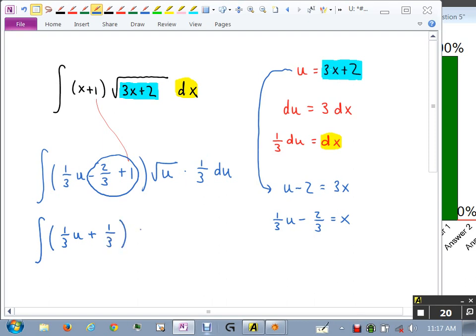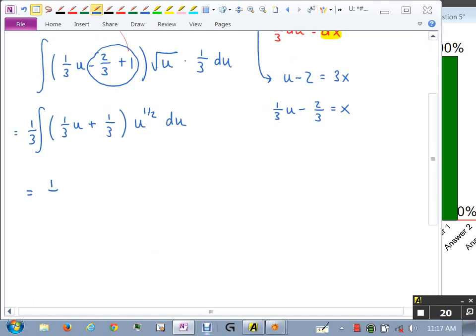On the outside, I've got, how about u to the 1/2 instead of square root of u? And how about that 1/3 that's back there on the du? Why don't we pull that completely out of the integral? So that 1/3, I'm just going to pull it all the way out, rewrite this as a power of u, clean this up, and then now I should be able to distribute that u to the 1/2 through, right? That parentheses.